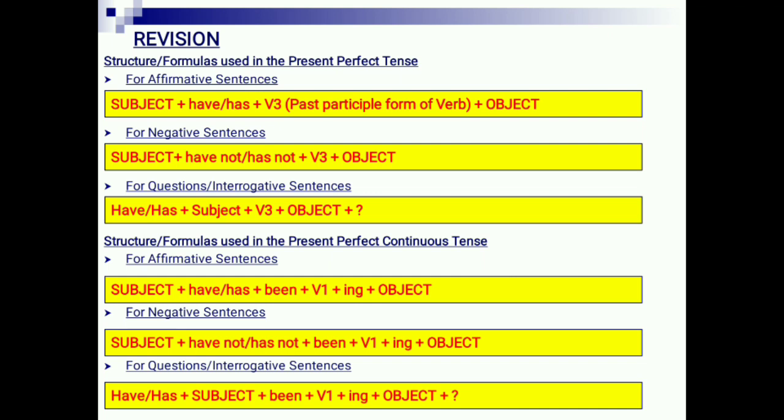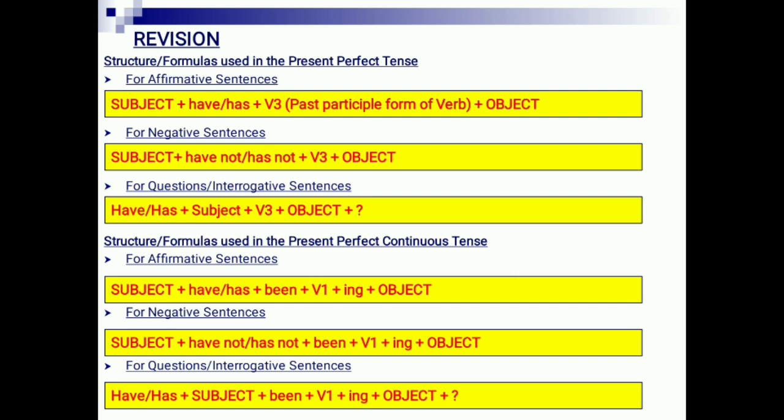Then for present perfect continuous tense, the action is going on. It has started in the past and still it is going on. The formula for affirmative sentence is subject plus have/has plus been plus V1 plus ing plus object. For negative sentence, subject plus have not/has not plus been plus V1 plus ing plus object.